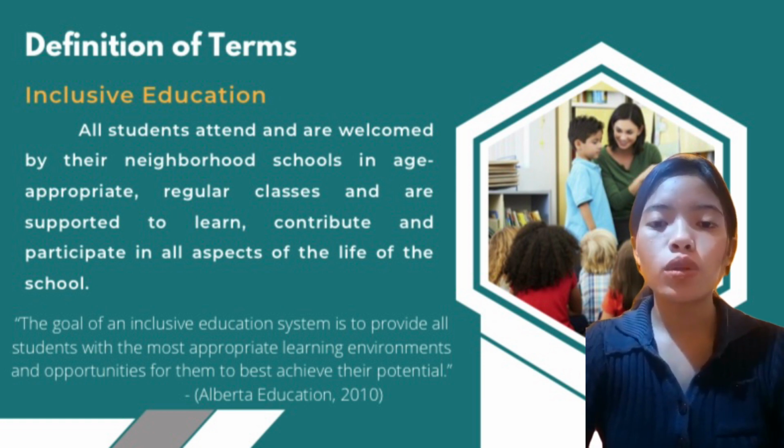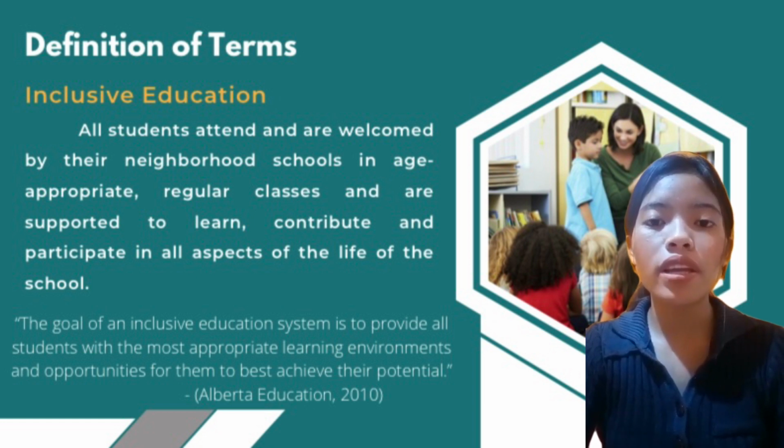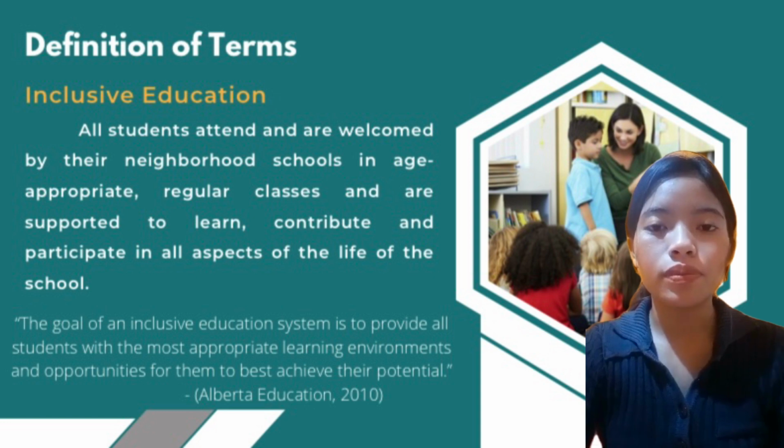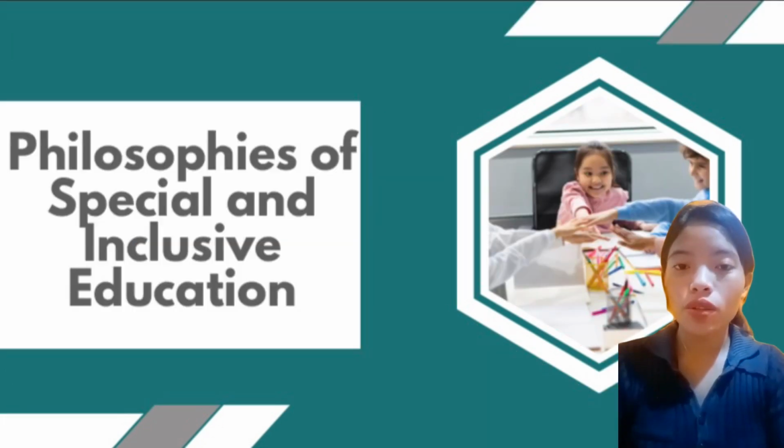The goal of an inclusive education system is to provide all the students with the most appropriate learning environments and opportunities for them to best achieve their potential. By Alberta Education 2010.